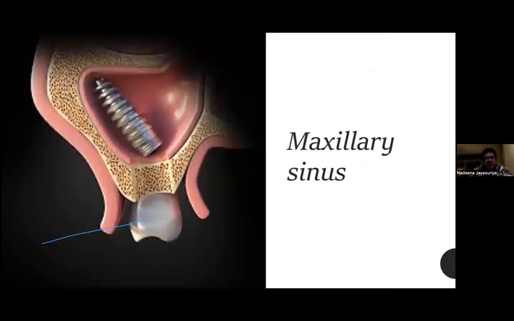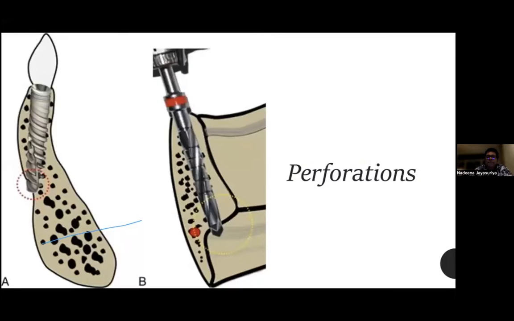Same with the maxillary antrum, but what you have to understand is with cone beam CT, treatment has become much more predictable, much easier and user-friendly for the dentist. We can easily cause perforations of the bone, sometimes causing a bit of bleeding.